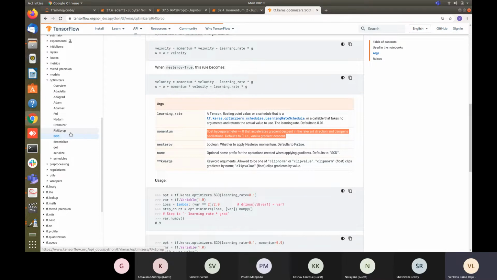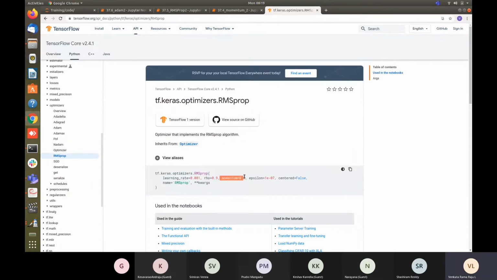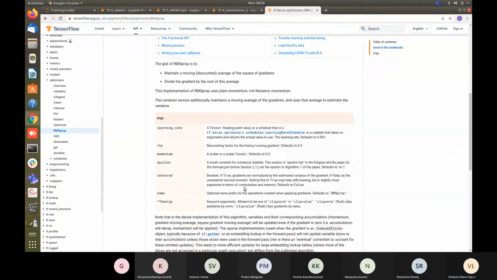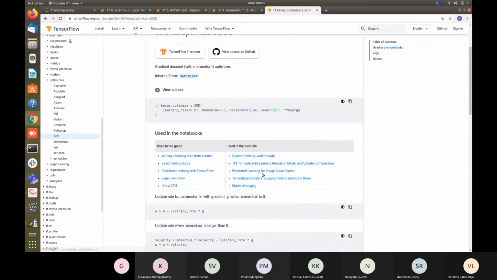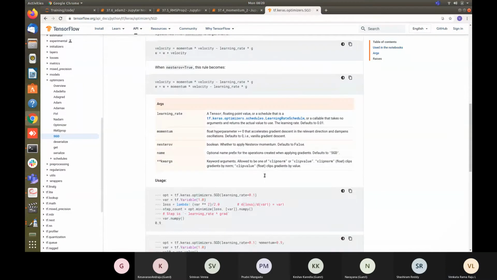In RMS prop there is a momentum factor. Why did they use a momentum factor? Give me 1 second. This formula.